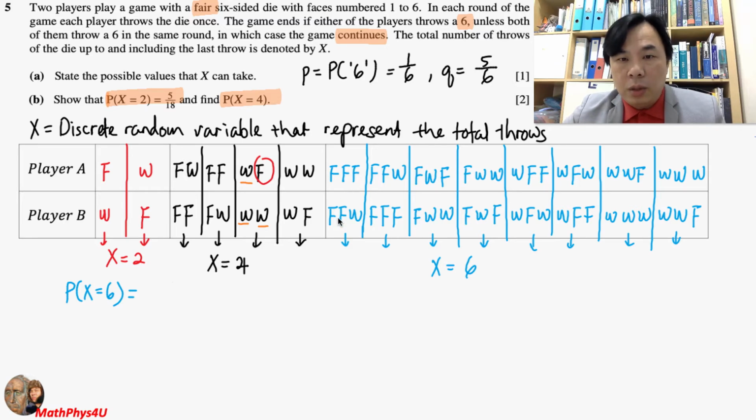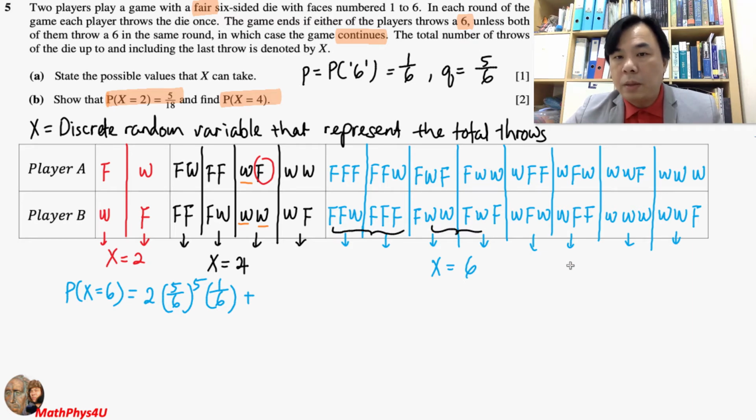So here I noticed that these 2 patterns are more or less the same, because they are like 5 failures, 1 success. So therefore I'm going to write that as 2 times, because there are 2 of this. They are like 5 times failure, 1 time success. And then I'm going to proceed on to the next one here, which shares the same pattern also.